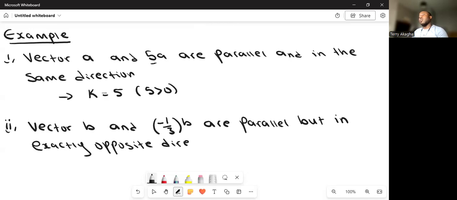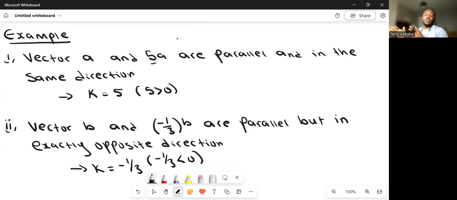Okay? So that means here, k is equal to -1/3, and -1/3 is less than 0. So hence it's going to be in the opposite direction.